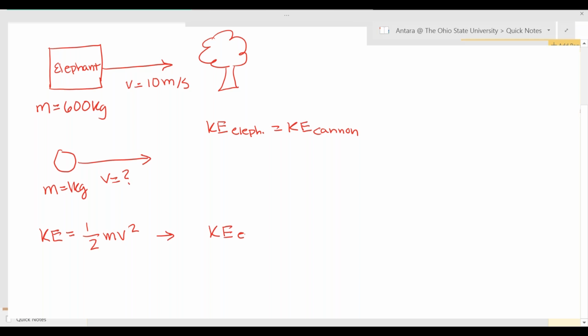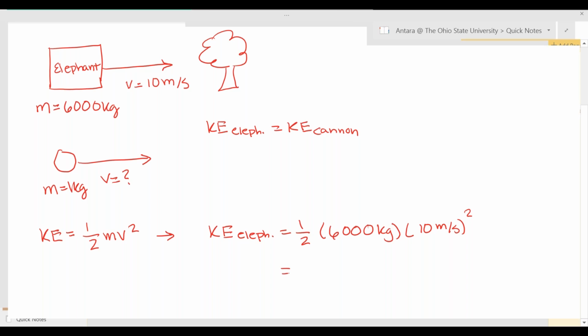I'm just going to plug in the mass, 6,000 kilograms. I like to write units a lot of times, just to keep track of them. And then the velocity is 10 meters per second. The units are the same as in the formula that I showed on the PowerPoint slide, so our formula should come out to have the units of joules for kinetic energy, and it's squared. We can't forget the squared.